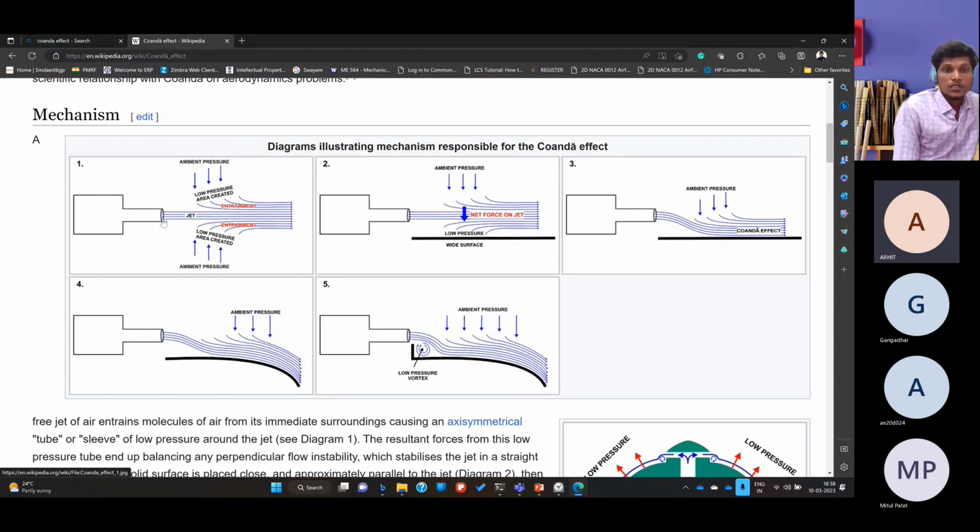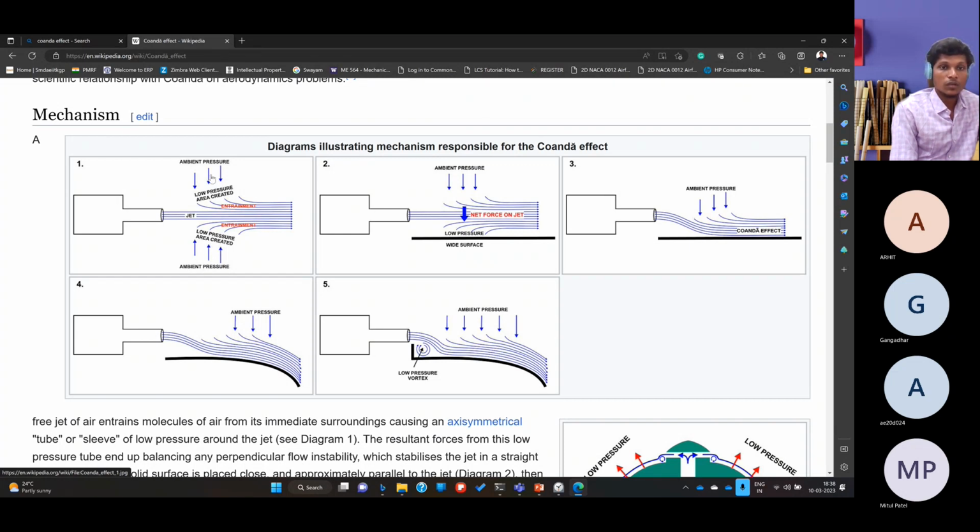Suppose you have a jet that is emerging from an orifice, this kind of orifice or a pipe, with high speed flow. Whenever any kind of jet emerges from a pipe like this, it creates a low pressure region at the bottom of it because of this high velocity here and low velocity in the ambient atmosphere, which is at high pressure.